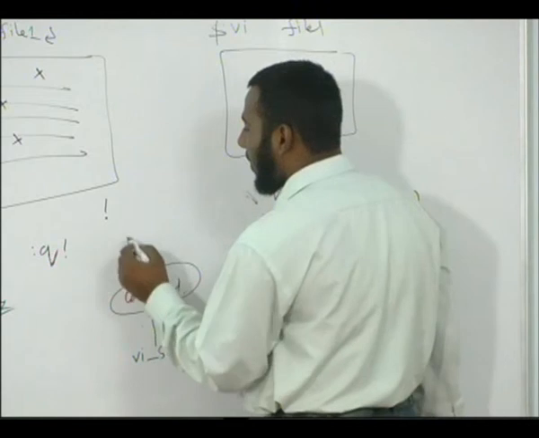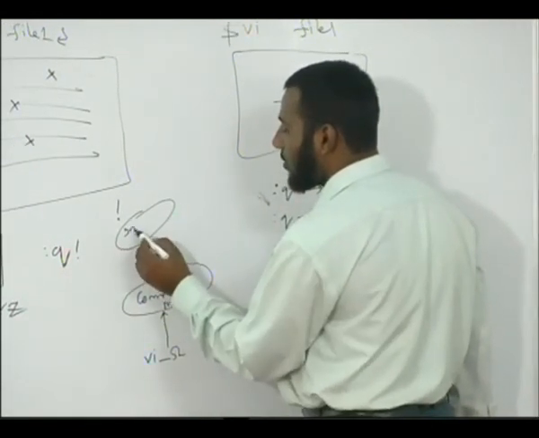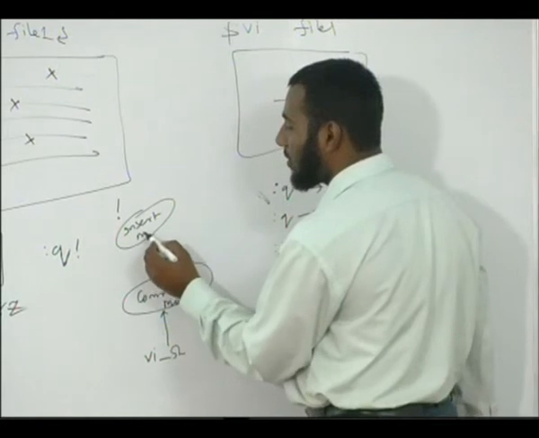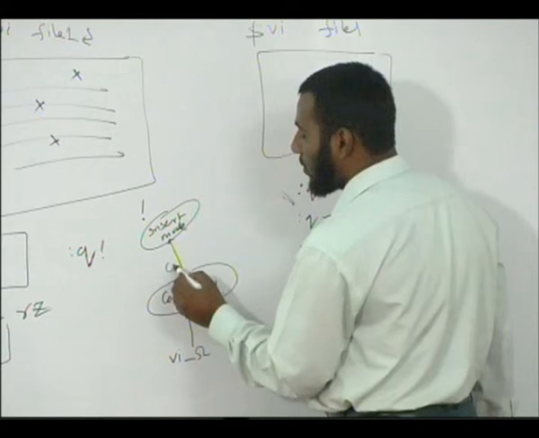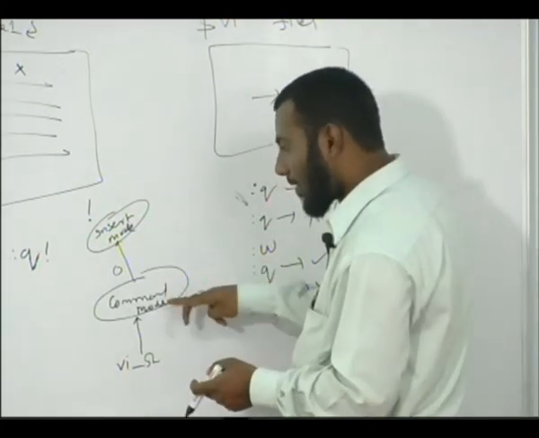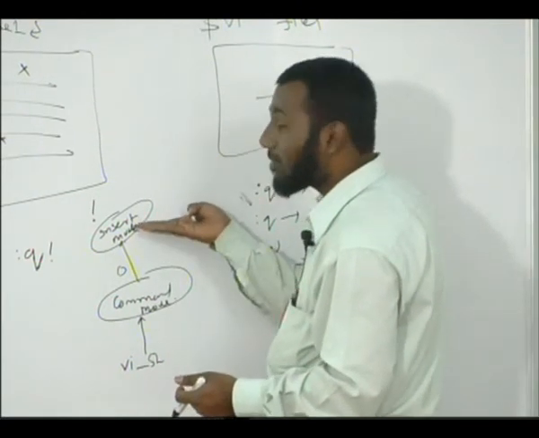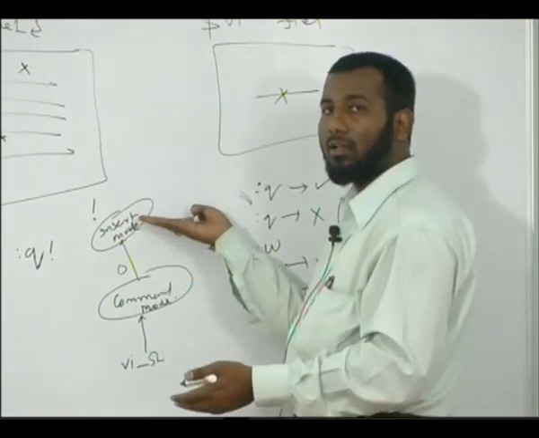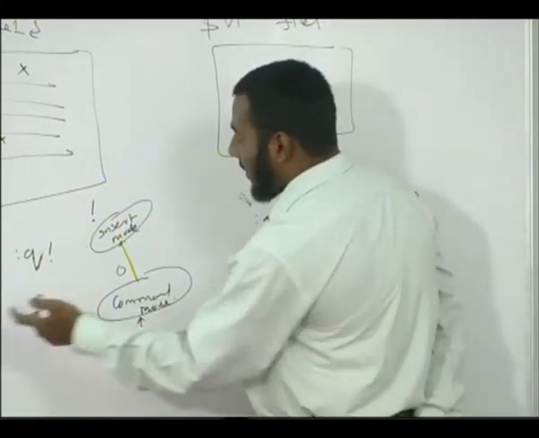Now from command mode, if I am interested in going to insert mode, then I'll just type o. o will help me to take you from command mode to the insert mode, either by creating a line below it or a line above it.